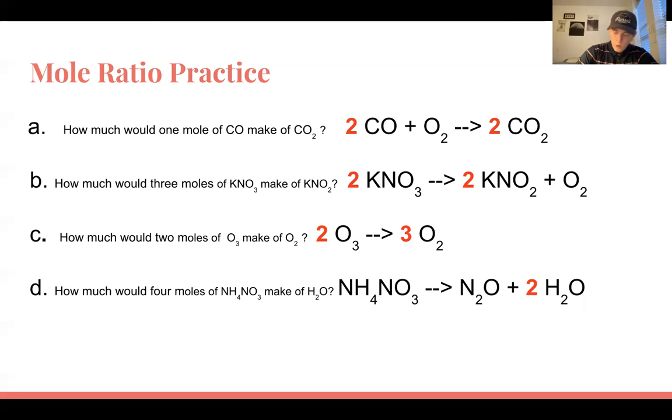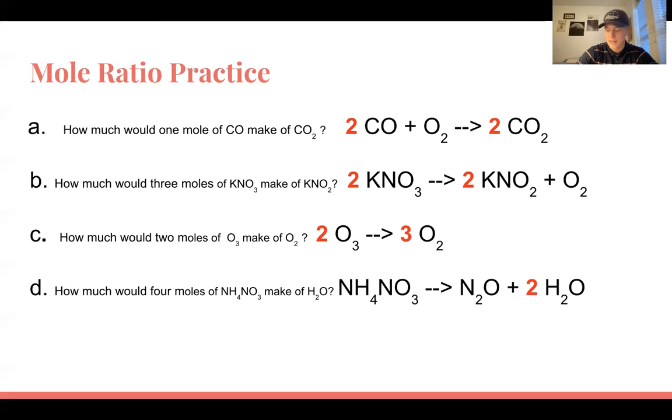So if we have 1 mole, if I'm doing my dimensional analysis, I'm going to do 1 mole of carbon monoxide, and then I'm going to do the ratio right next to it. As we see, every 2 moles of carbon monoxide makes 2 moles of carbon dioxide. So we're going to put 2 moles of carbon dioxide in the numerator, and 2 moles of carbon monoxide in the denominator.